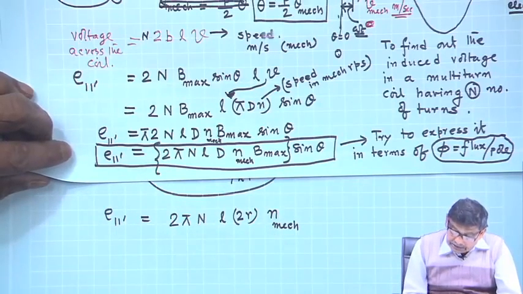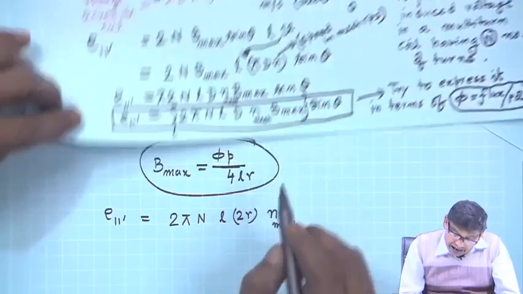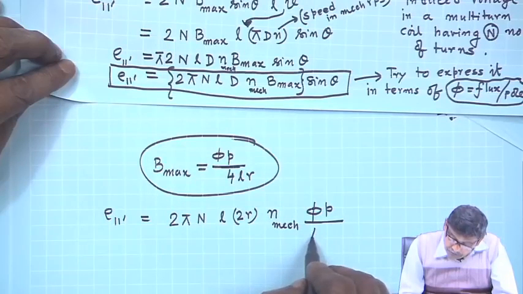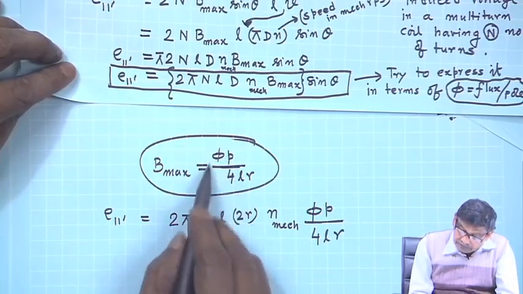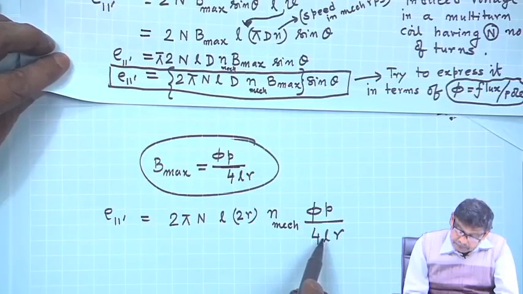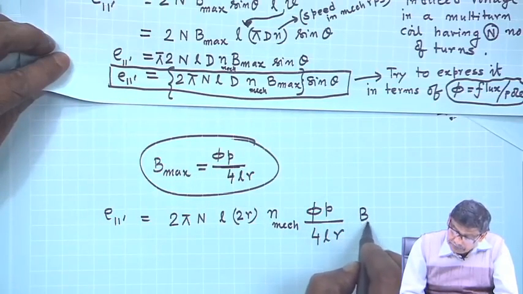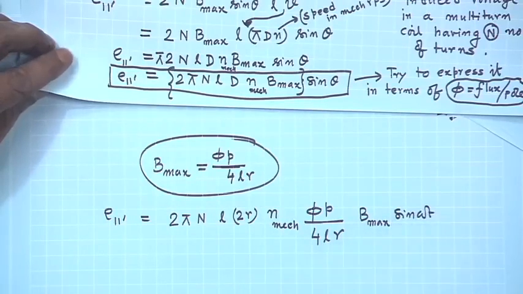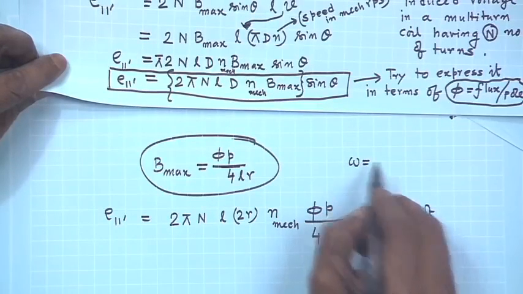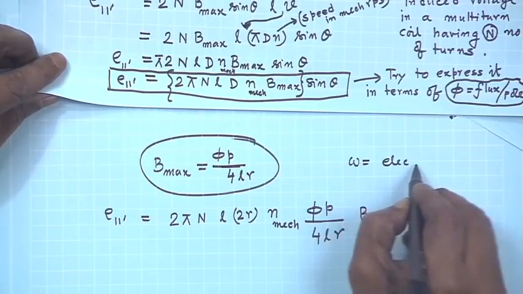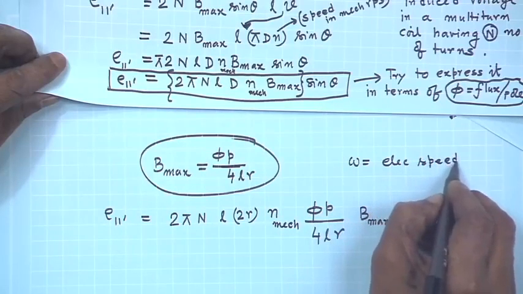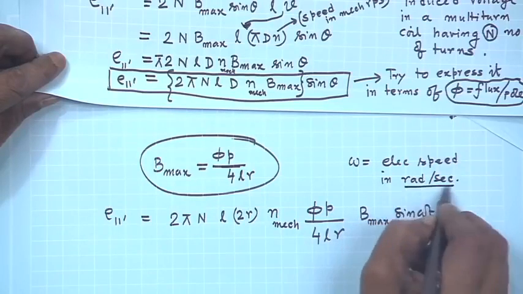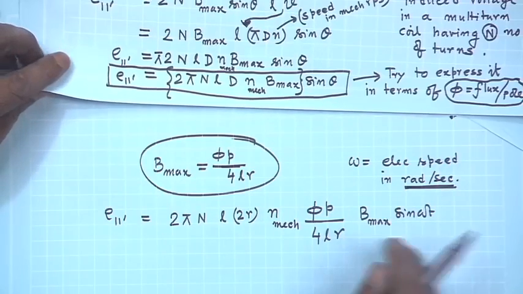Mechanical speed it indicates, and then B max, for which I write phi P by 4 L R, into sin omega t. What is omega? Omega is the electrical speed in radian per second.